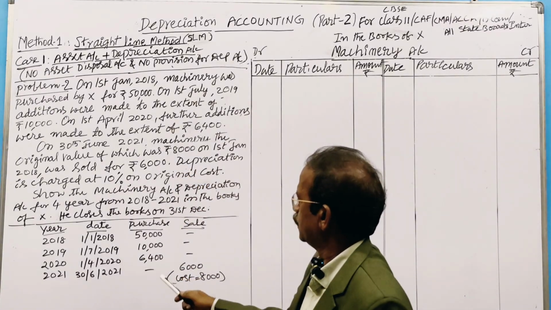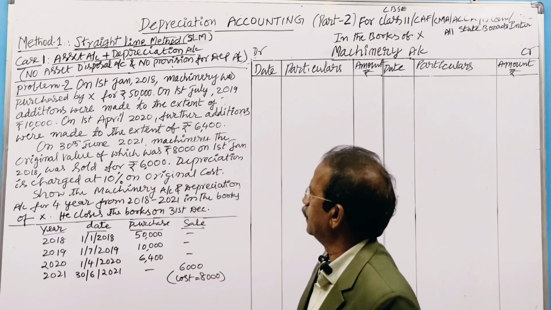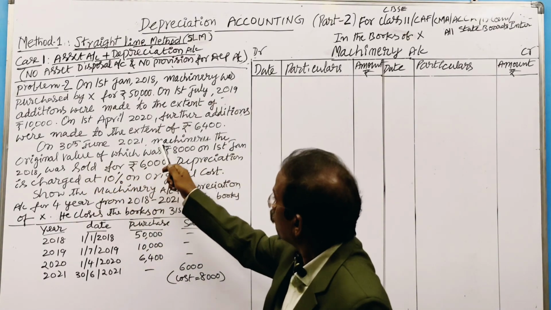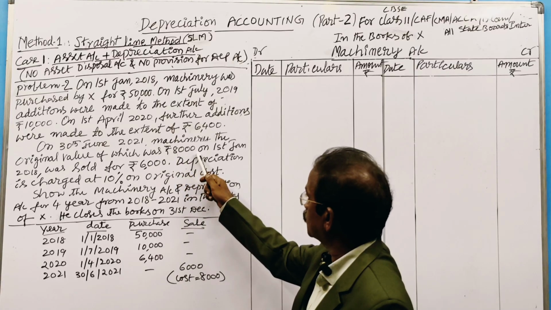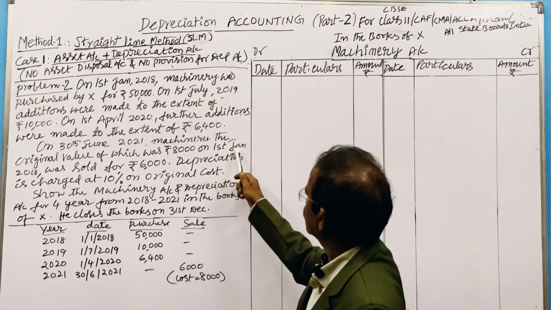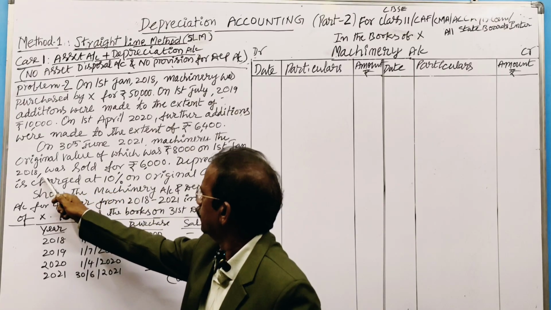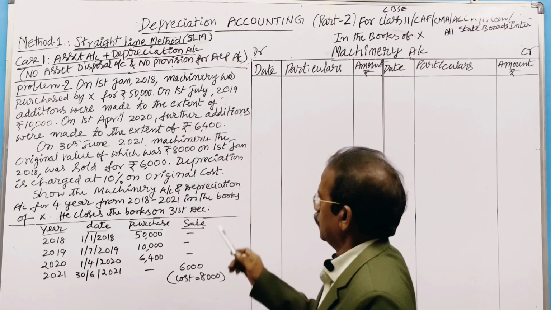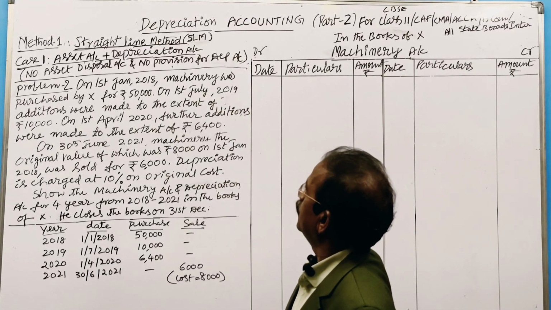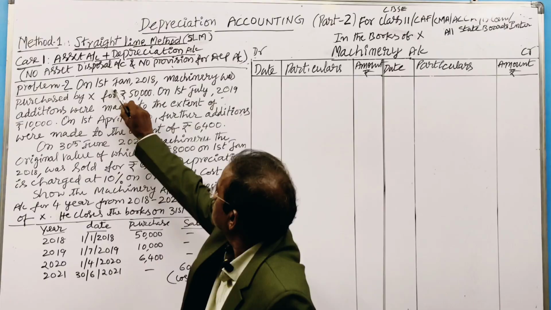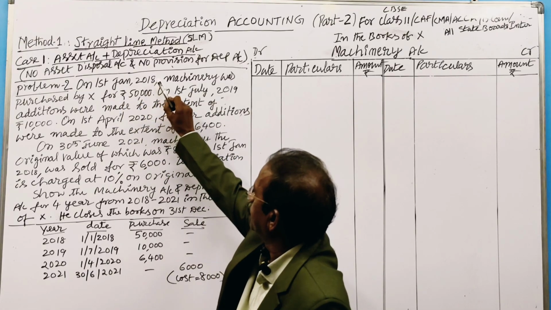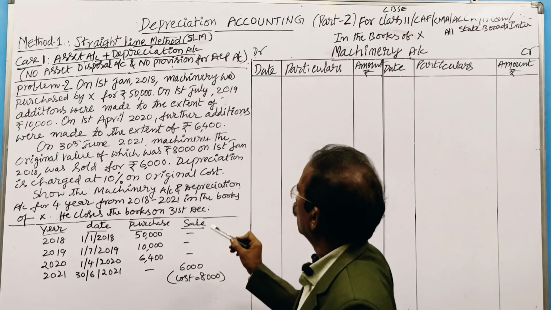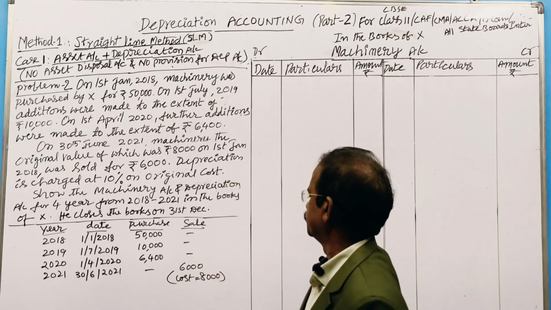There is no purchase. Instead of purchase, there was a sale. Machinery, the original value of which was 8,000 on 1st January 2018 was sold for 6,000. It means a part of the machinery which was purchased on 1st January 2018, the cost of which is 8,000 was sold for 6,000.